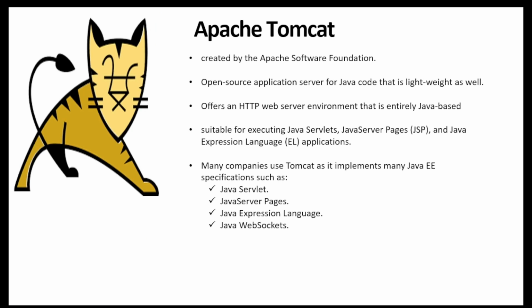Apache Tomcat. Tomcat is made to offer an HTTP web server environment that is entirely Java based, suitable for existing Java Servlet, Java Server Pages (JSP), and Java Expression Language (EL) applications. Serving web applications offering basic servlets and JSP capabilities are Tomcat's main priorities.